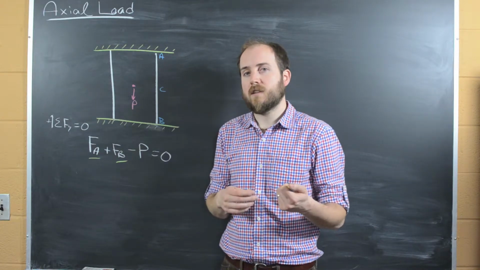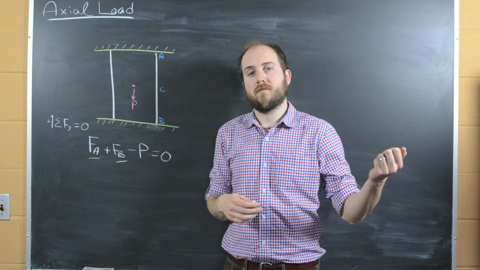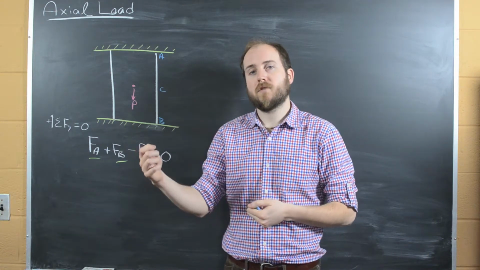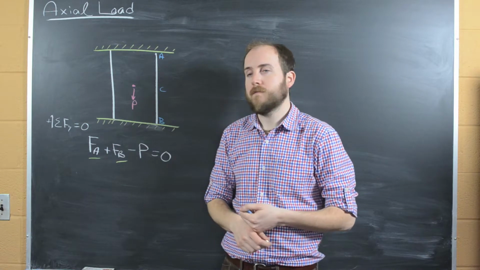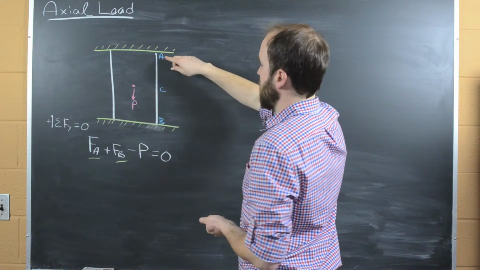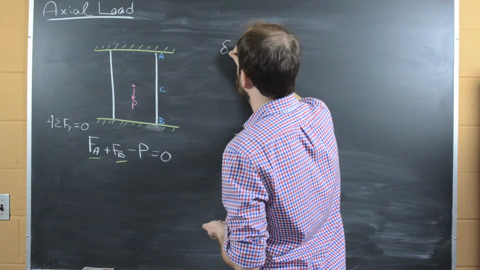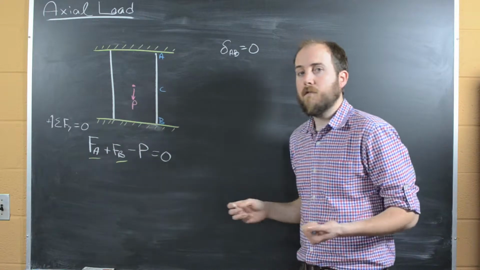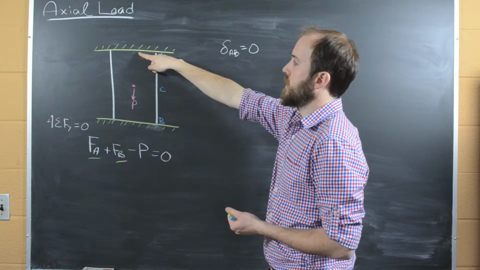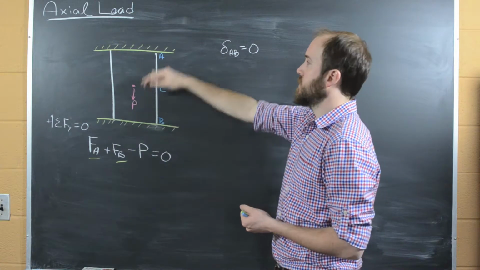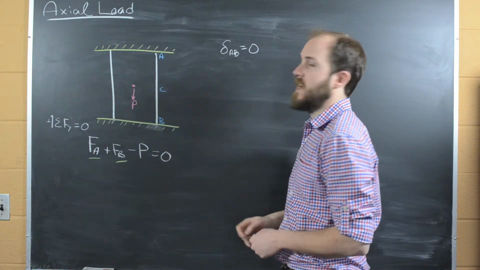And this is where we start to combine concepts of, say, equilibrium and stress, and our concepts of strain and displacement. In this case, what we know is that the total displacement of this object, delta AB, has to equal 0. It's stuck at the top and it's stuck at the bottom, so this thing can't displace, and so the deflection of AB has to be 0.